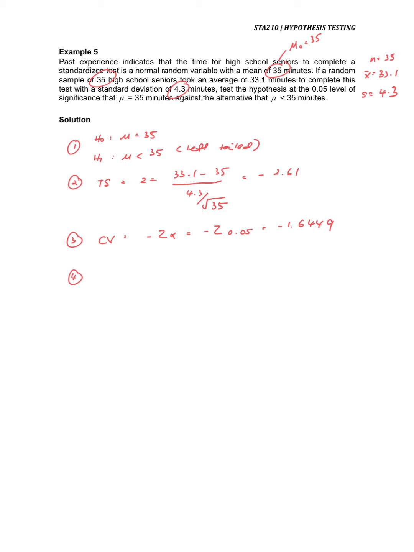Step number 4, write the decision rule. If you still remember, we will reject the null hypothesis if the test statistic is less than the critical value. If we can draw, this is our rejection region, bounded by our critical value. So we reject the null hypothesis if our test statistic falls in the rejection region.